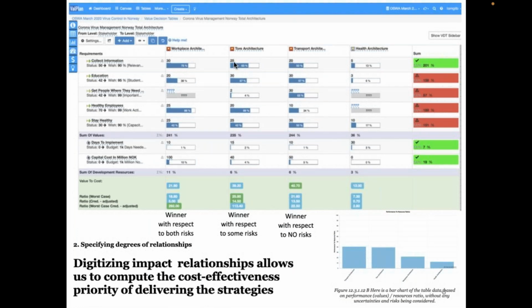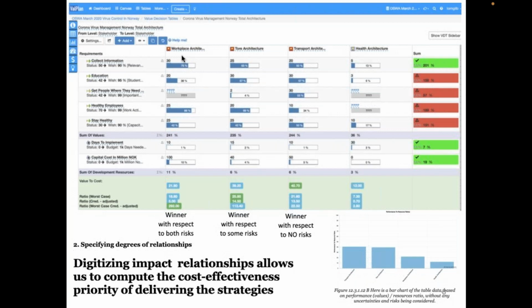So here's another view of the table. What we've done here automatically is compute the set of values to set of costs ratio, and we've picked out winners automatically, and we have sorted the winners in priority sequence.